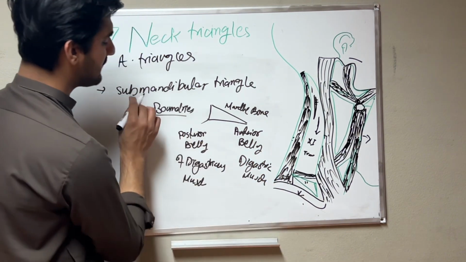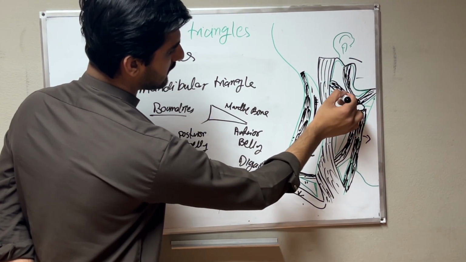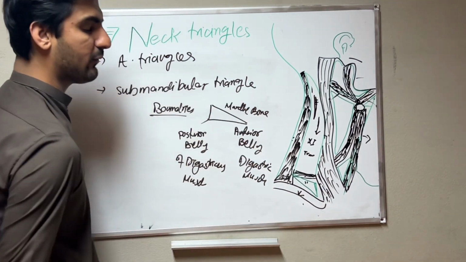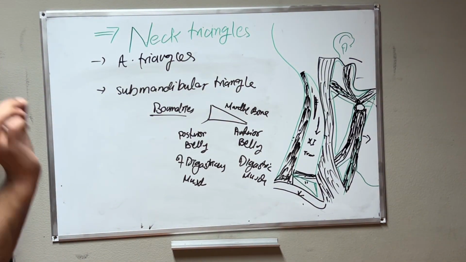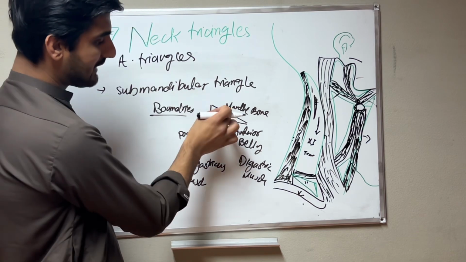These are the boundaries of the submandibular triangle. Again: mandible bone, posterior belly and anterior belly of the digastric muscle, because the digastric muscle is a suprahyoid muscle. We have two bellies.